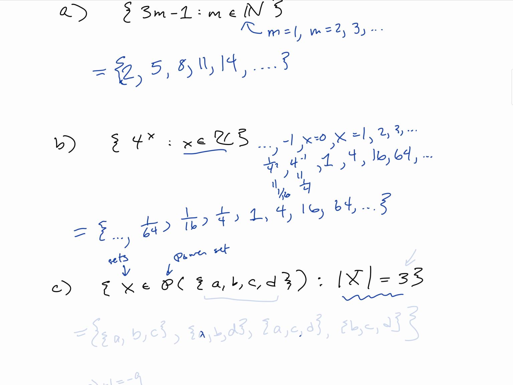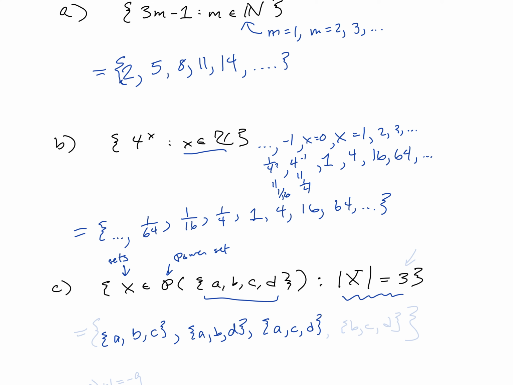So what's a subset of this set that has 3 elements? Well, the set {a, b, c} is one set that has 3 elements and is a subset of that set up there. Another would be {a, b, d}. Another would be {a, c, d}.